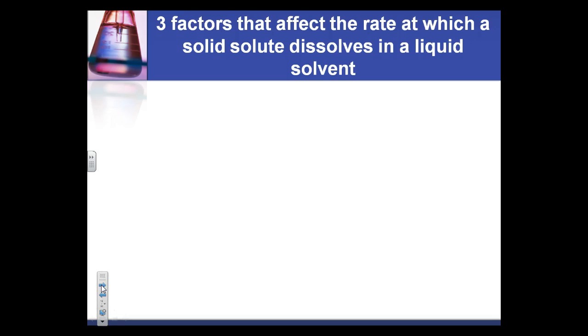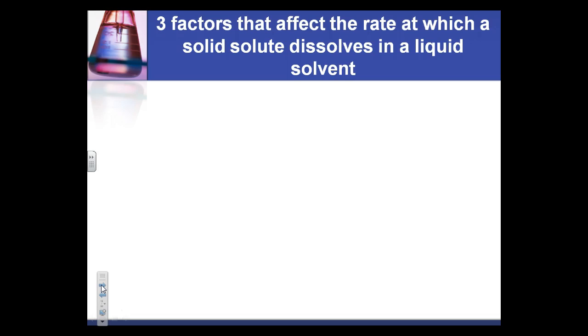Okay, 3 factors that affect the rate at which a solid solute dissolves in a liquid solvent. So I'm already using the terms here, and I will expect you to know them as well. So we're going to dissolve a solid in a liquid. So for simplicity's sake, we can talk about sugar in water. If you know how to make sweet tea, you already know these 3 factors.